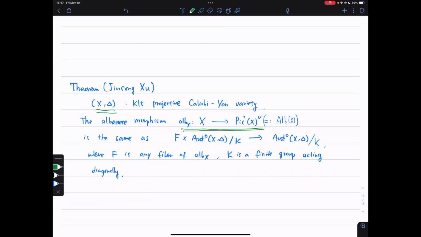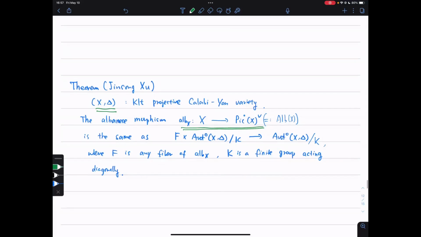And this Albanese fibration has a very nice structure. It's almost isotrivial. Isotrivial means you take any fiber of this Albanese map, take the fiber product, and quotient out by a finite group. And the natural projection of this quotient is exactly the Albanese map.